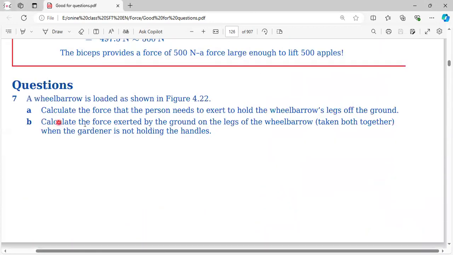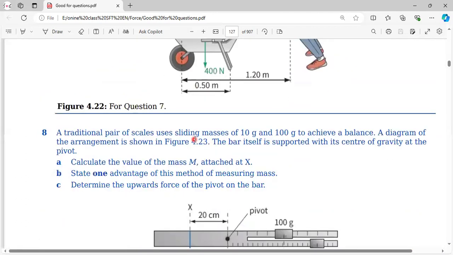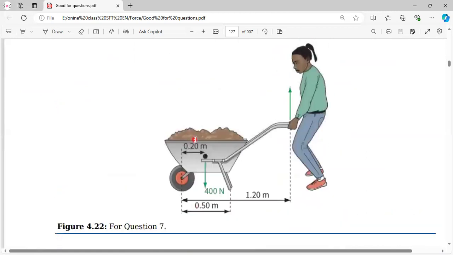And the second question is: calculate the force exerted by the ground on the legs of the wheelbarrow, taken both together, when the gardener is not holding the handle. Now, in the first scenario, when they are holding it, they asked for the reaction force. In the second case, however, there is no holding force.